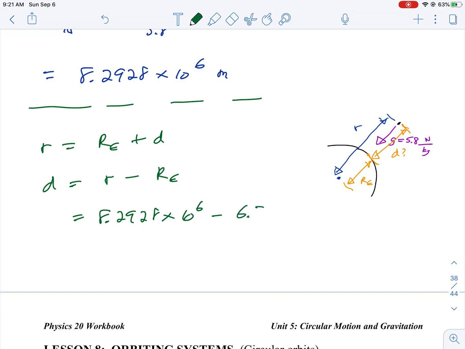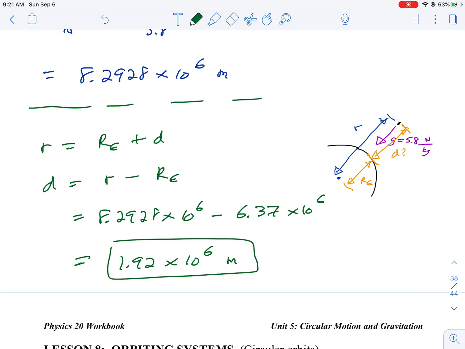It is 6.37 times 10 to the 6 meters. And we end up getting 1.92 times 10 to the 6th meters. If you're that distance above the surface of the Earth, then you'll have a gravity of 5.8.